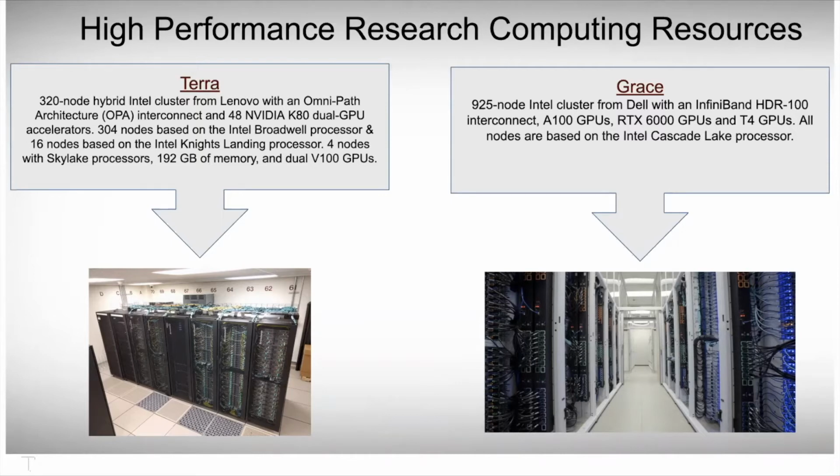Whereas Grace is a 925 node, so a little bit larger, cluster from Dell that uses InfiniBand HDR100 as its interconnect. And then it has a wider variety of GPUs on Grace. So we have A100s, RTX 6000s, and T4s. And the nodes on Grace use the Cascade Lake processor, also from Intel.